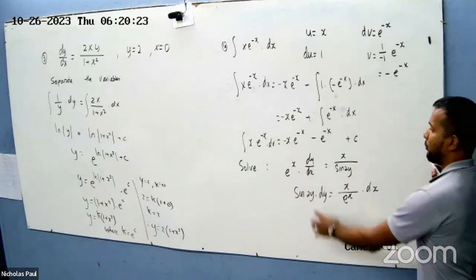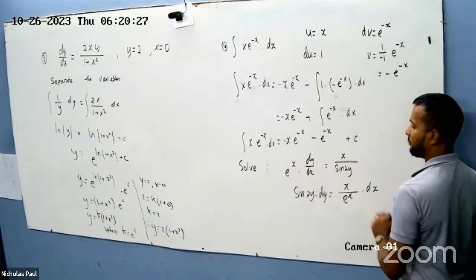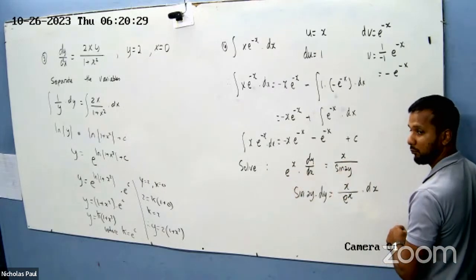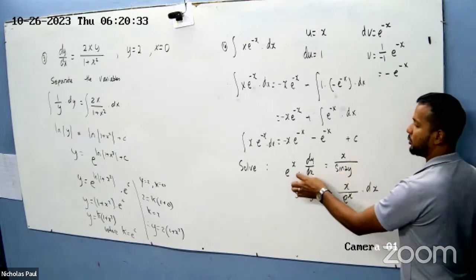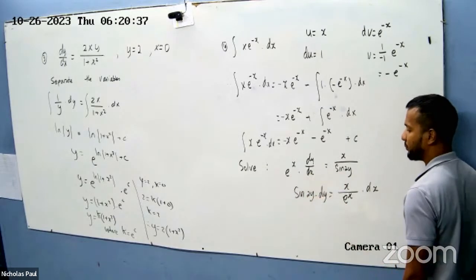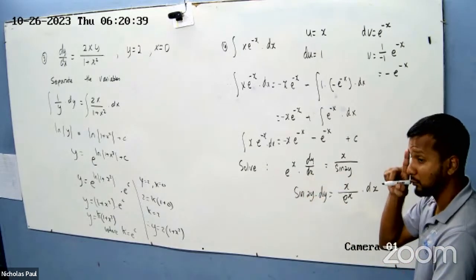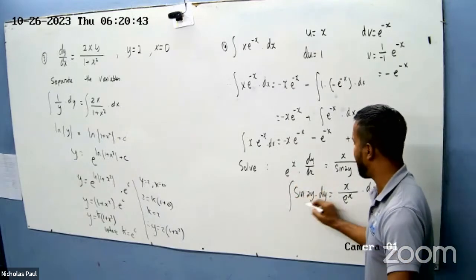You bring across e to the x here and sine 2y here. Remember, this is underneath there, so when you bring up sine 2y, it becomes multiplied. It's not 1 over sine 2y. Then we integrate here and integrate here.